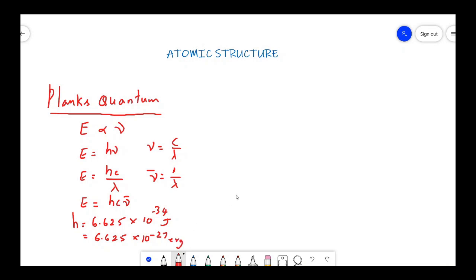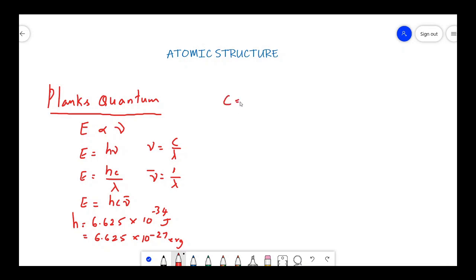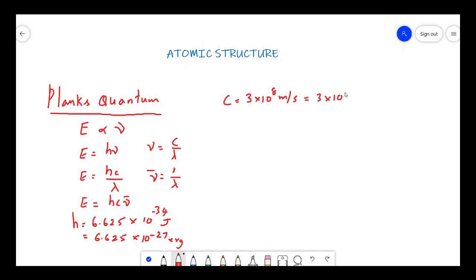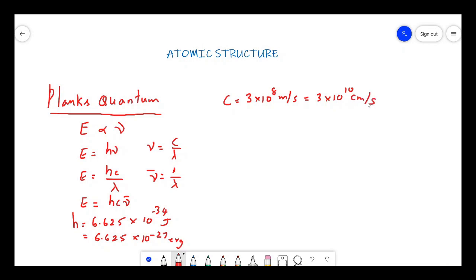So these are the units of h. And c is the velocity of light, and its value is 3 into 10 to the power of 8 meters per second, or 3 into 10 to the power of 10 centimeters per second. These are the units of c.